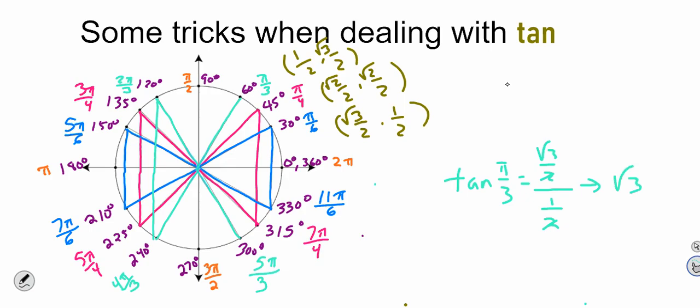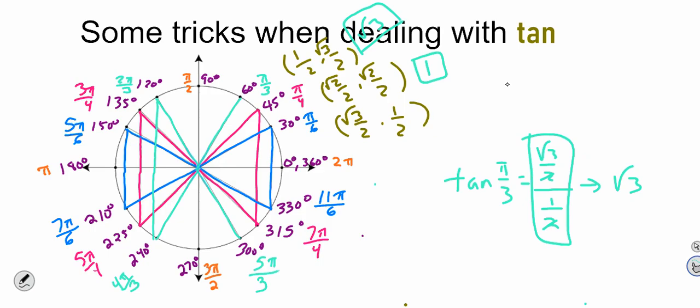I want us to know that tan of pi over 3 is root 3, so we don't have to keep doing this part over and over again. Tan of pi over 4, easy peasy: root 2 over 2 over root 2 over 2, the same thing over itself. We know that's going to be 1, right?